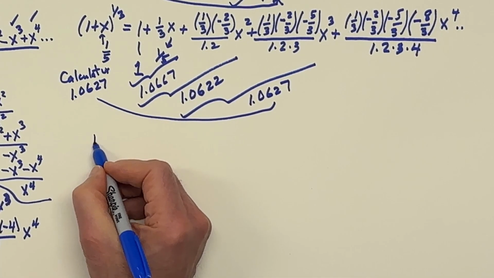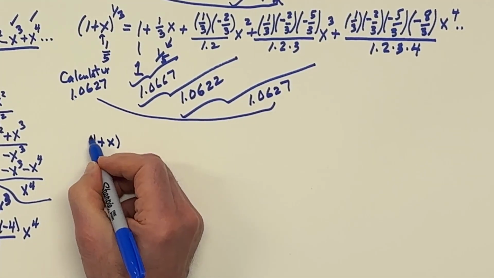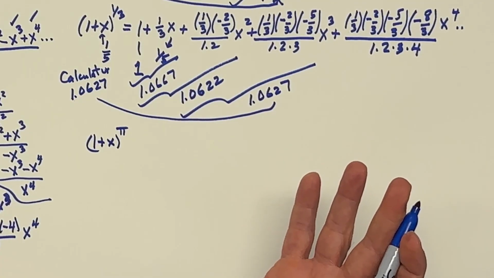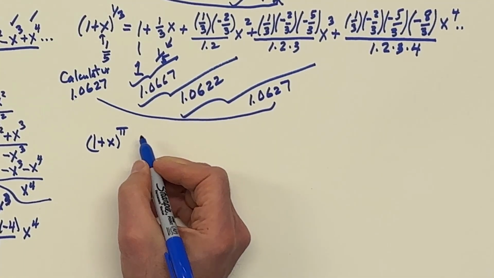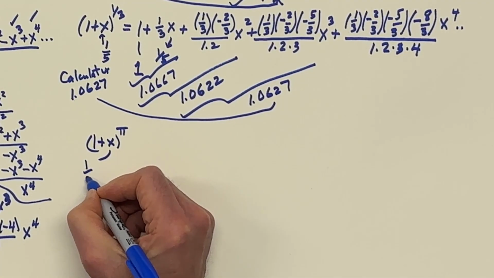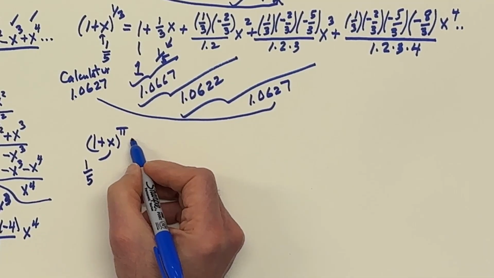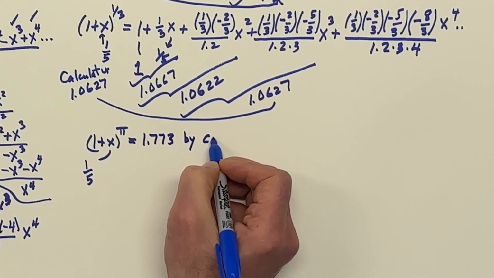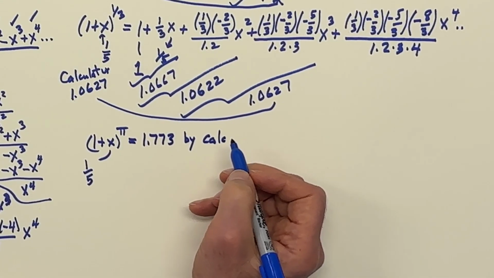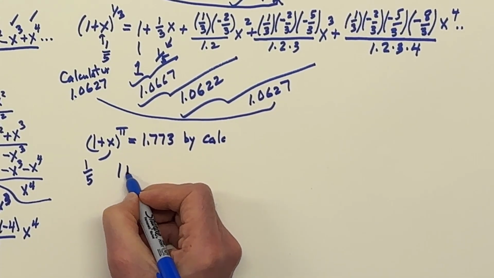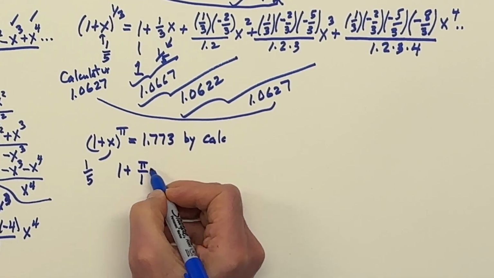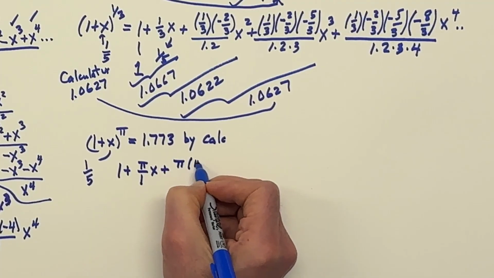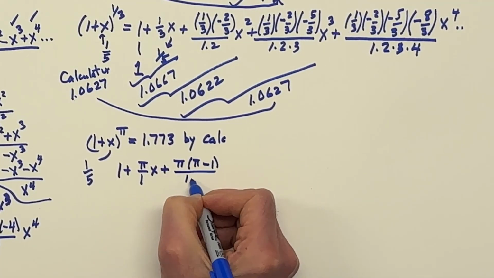One last one here. What about 1 plus x to the pi power? Like, what is this? And we're really checking out a few cases here where n is not a whole number. And then I want this to be 1/5. So by the calculator, I get 1.773. Well, what about the formula? Well, I'd have a 1 plus pi over 1 times x. Then I would count backwards, see, pi and pi minus 1, and then count forward.